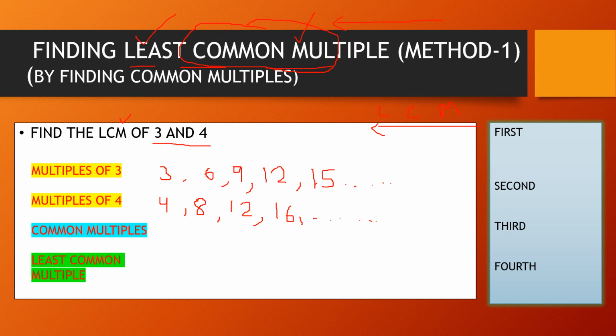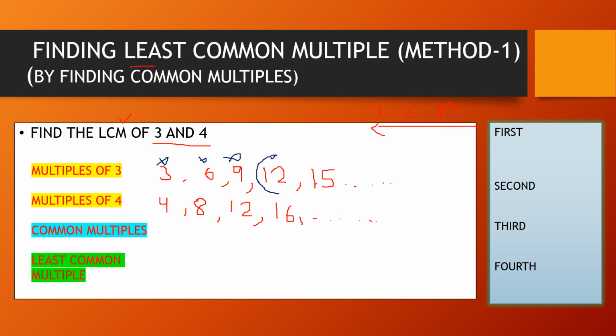So we have found the multiples, and now let me just clear the screen and make it look beautiful. Okay. Now that I found the multiples, I will be now knowing what are the common multiples. So let me circle that and let me change the color. So I look at it, 3. So 3 is not there in this table, and then 6 is also not there here in the multiples of 4. 9 is also not there, and 12, yes, 12 is there.